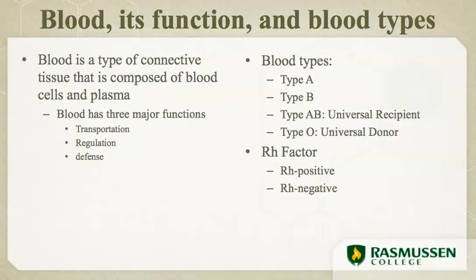When we talk about blood types, this is determined by the presence or the absence of certain antigens and antibodies. Genetics determine whether these protein molecules are present or absent.